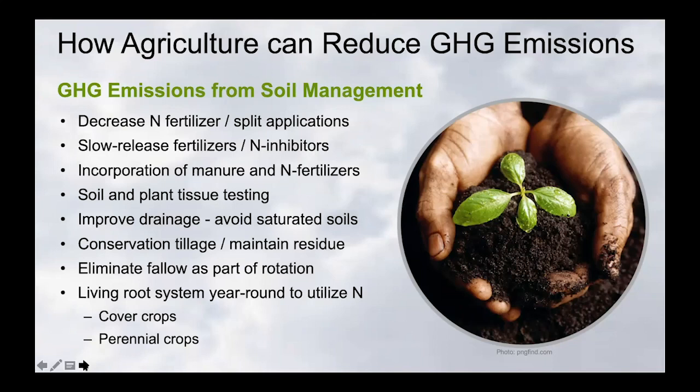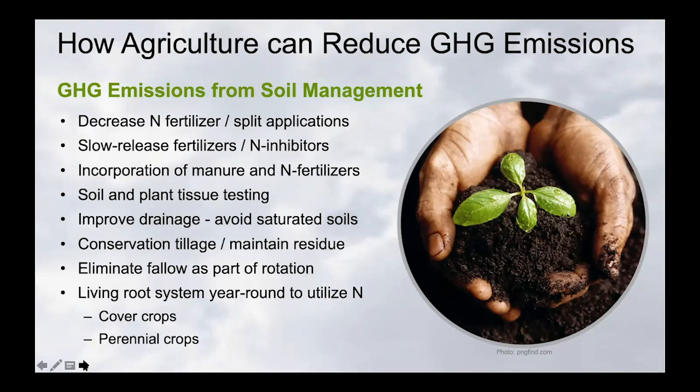But the trade-off is that as we improve the organic matter in that soil, we do have more microbes. There will be a little bit more carbon dioxide being released from the microbial degradation. Overall, we're still better off with the conservation tillage and improving the residue. But there's a little bit of a trade-off.